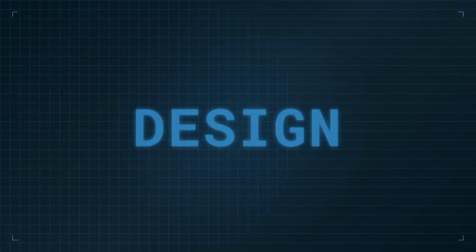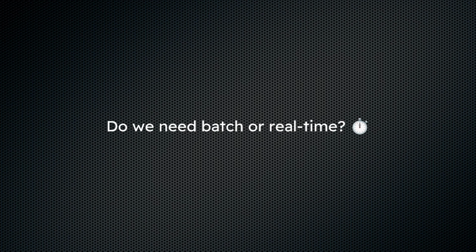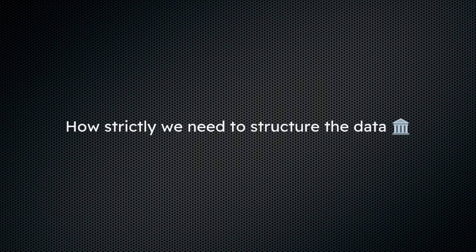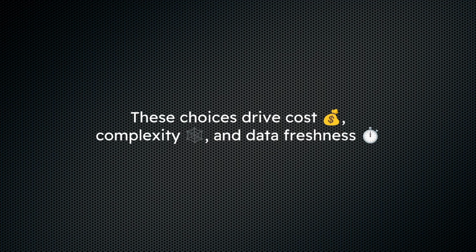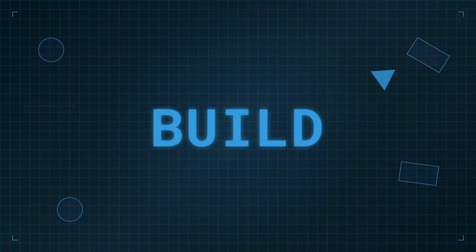So, to recap the life cycle of our recommendation pipeline, first, design. Decide, do we need batch or real time? Define latency requirements and how strictly we need to structure the data. Understand that these choices drive cost, complexity, and data freshness. Next, build.